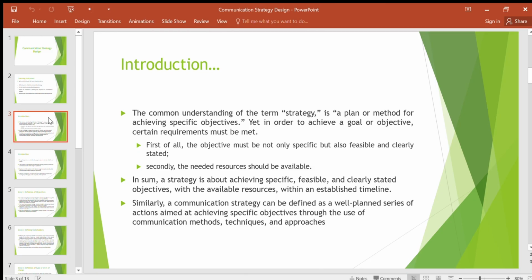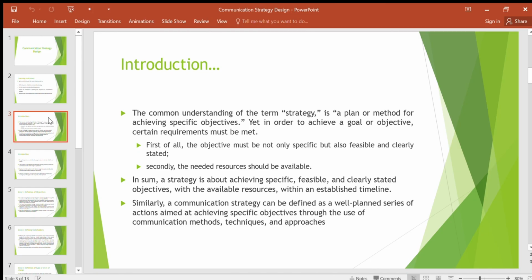The objective should be specific, measurable, achievable, realistic, and time bound. And you should also consider the resources that are available. In sum, a strategy is about achieving specific, feasible, and clearly stated objectives with the available resources within an established timeline.